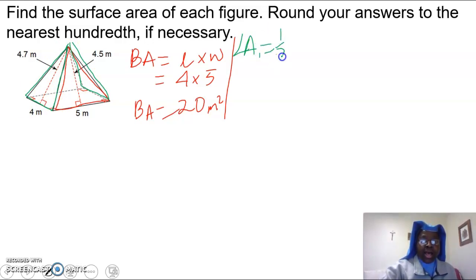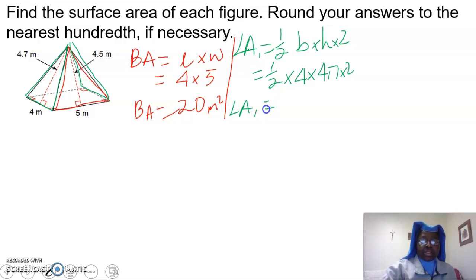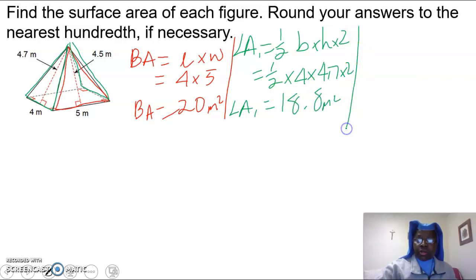It's going to be 1/2 times the base times the height, and then times 2 because there will be 2 of them. So 1/2, the base is 4, the height is 4.7, times 2. The 1/2 is going to cross out the 2. So 4 times 4.7, and that's 18.8 meters squared.